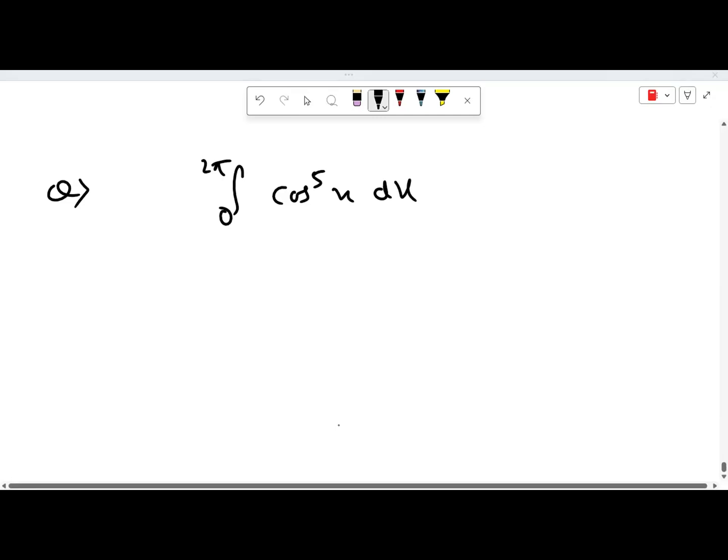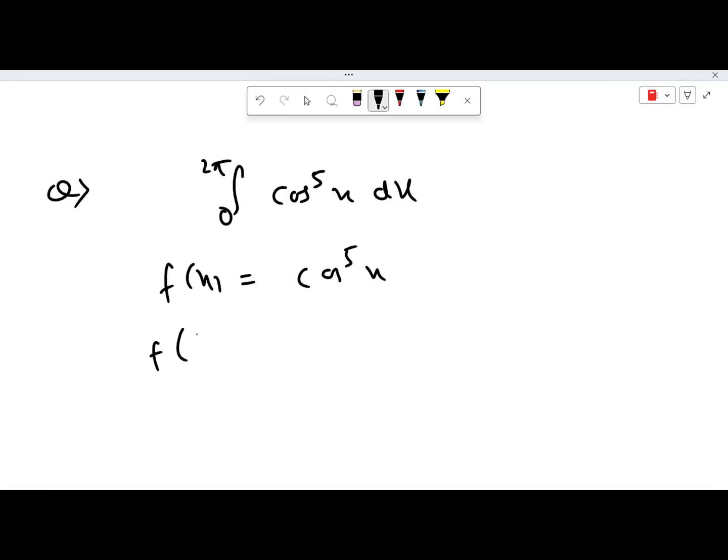Correct answer, Aliza. Devura, Fadil, did you solve this? Yes, sir. What is the answer? It's 0. Yes, 0. Devura, the answer is not 8 upon 15. See, f of x is cos raised to the power 5 x. Let's calculate f of 2a minus x, which is 2 pi minus x.